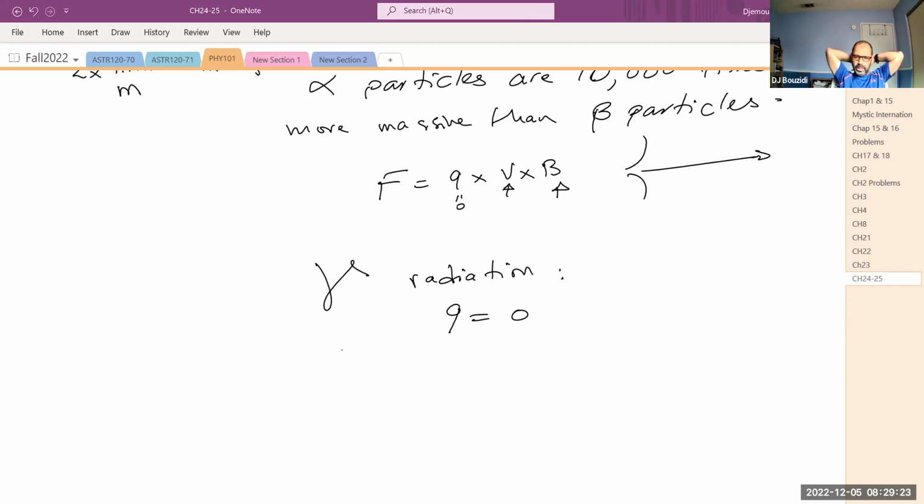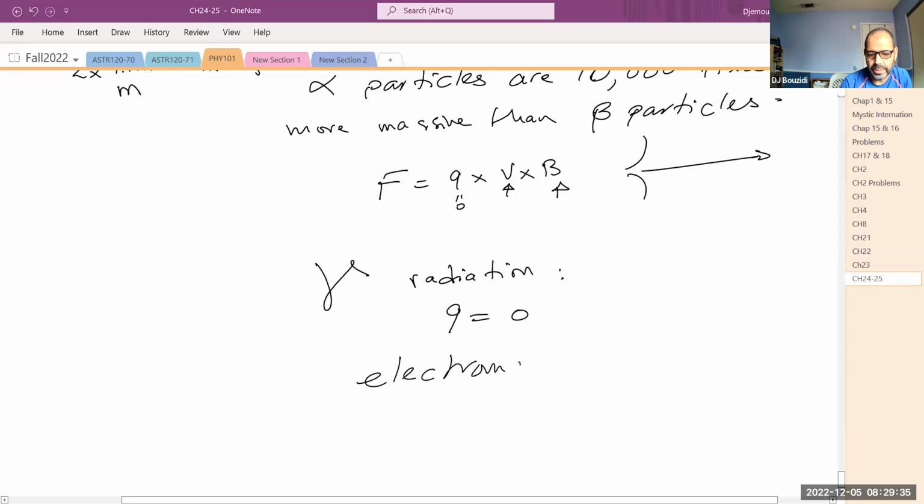It's actually electromagnetic radiation. It's part of electricity and magnetism. So this is radiation.